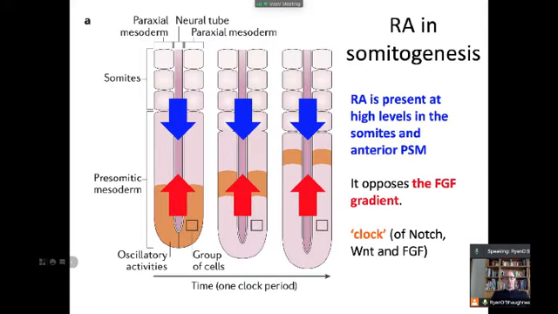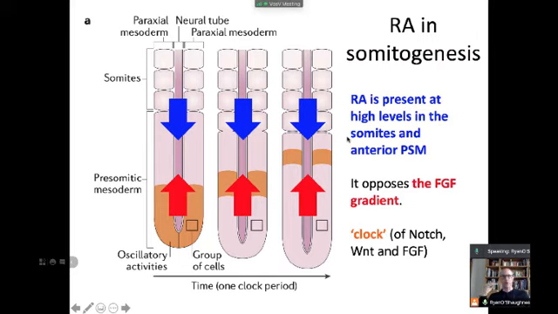And just to address this role of retinoic acid in somitogenesis, retinoic acid is present in high levels in the somite and also the anterior presomitic mesoderm. So the area that is already somite and the region of the developing embryo that's about to become a somite.